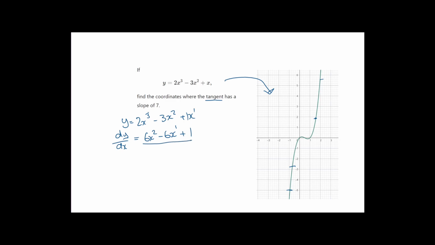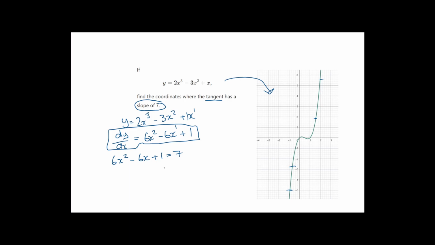So that's the function that will give us the gradient at any point, but we're looking for the x coordinates where that gradient equals 7. So 6x squared minus 6x plus 1 equals 7. Can we solve it? Well, we could solve it.